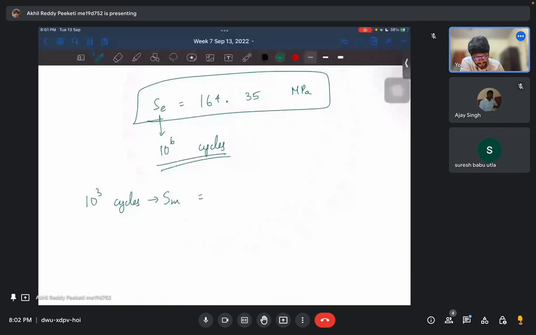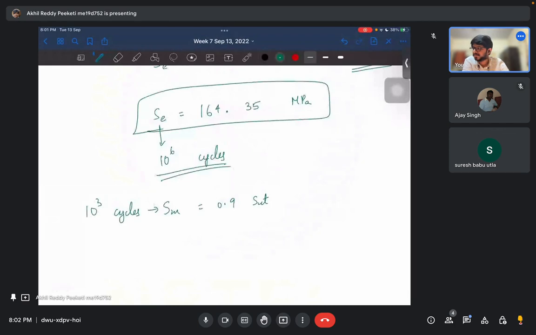It is directly 0.9 SUT, but that is for bending kind of load, and 0.75 SUT for axial load.